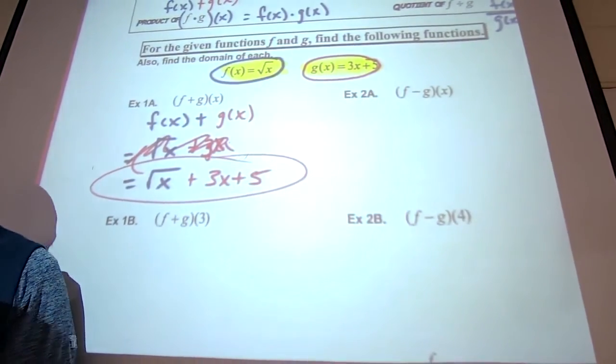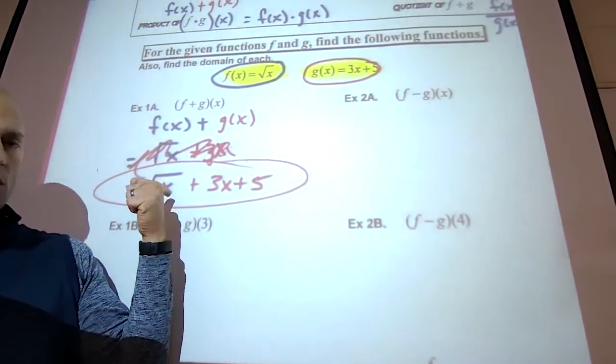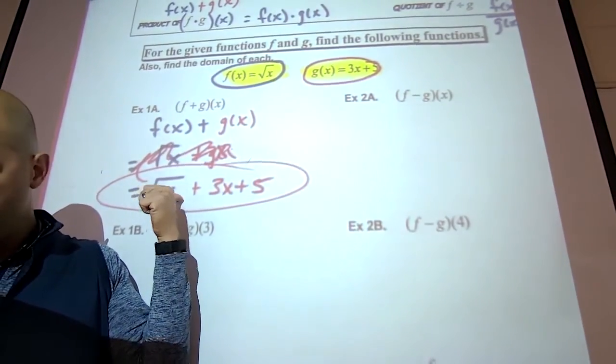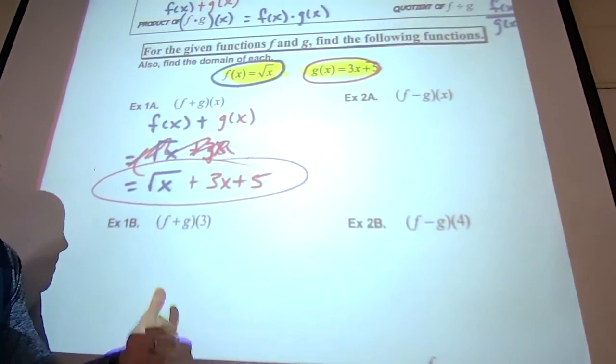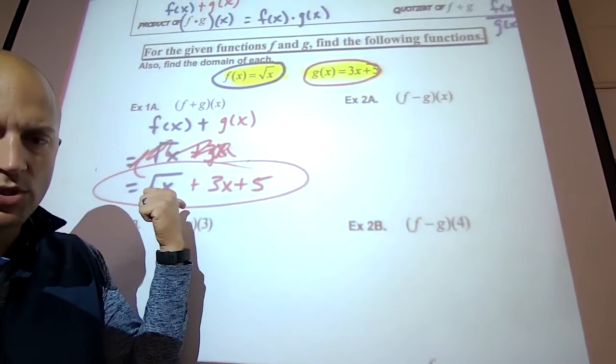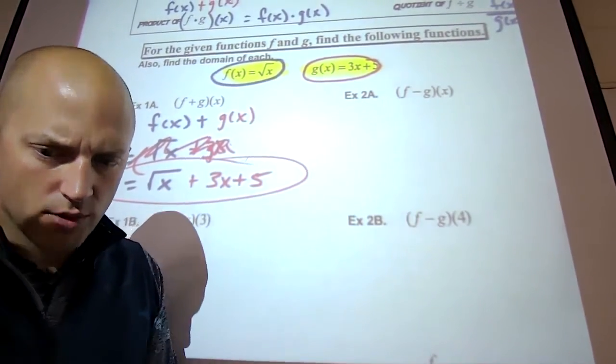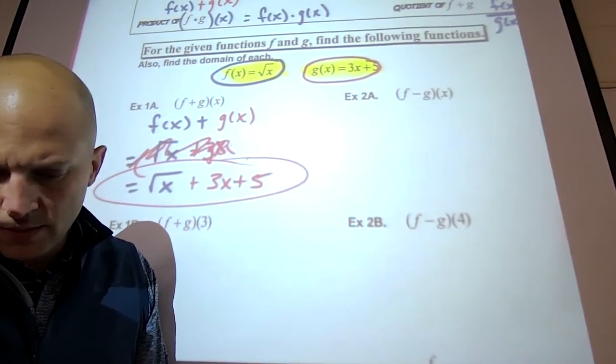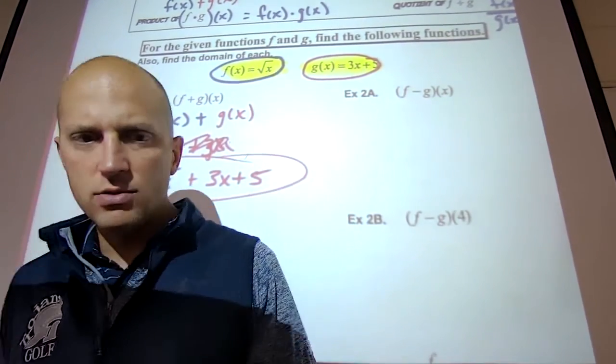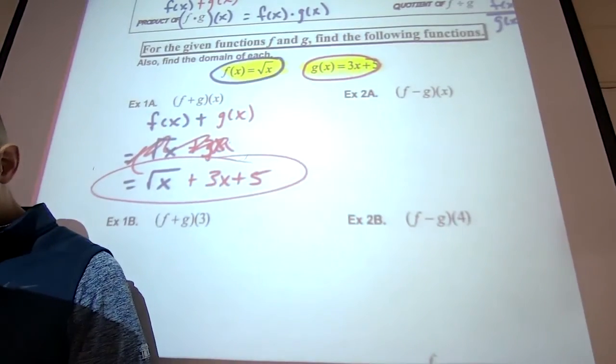Okay. Now, domain. We talk about domain, and they're asking us to also find the domain of this one. We talk about domain with square roots. What values can we not square root? So this is from Friday.